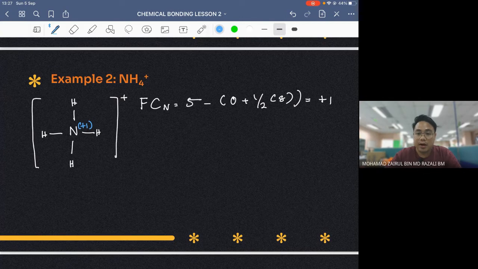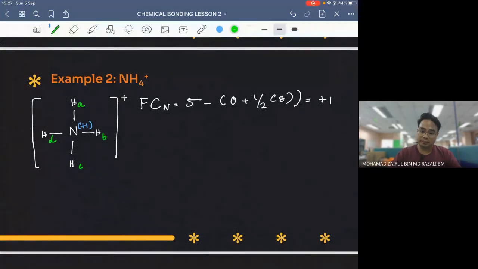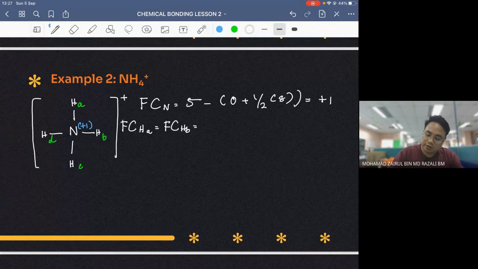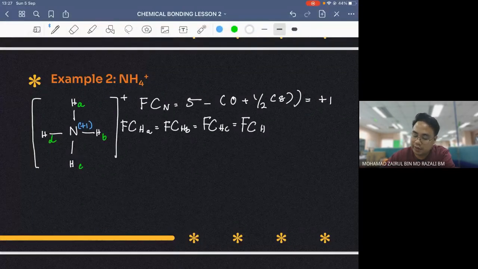Okay. Elemen yang sama, kita kena labelkan dia sebagai hydrogen A, hydrogen B, hydrogen C, hydrogen D. Elemen sama, bonding sama, bond dengan elemen yang sama, that means the formal charge is also going to be the same. So that means the formal charge for hydrogen A is equal to formal charge of hydrogen B is equal to formal charge of hydrogen C equals to formal charge of hydrogen D. Hydrogen valence electron 1, no lone pair, bonding pair electron 2, so equals to 0.